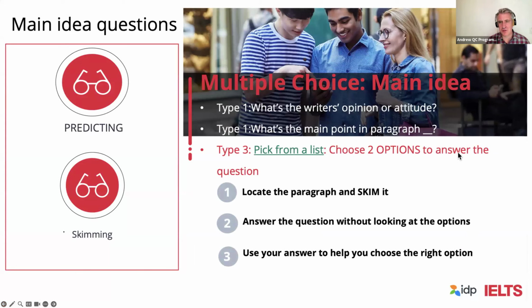So choose 2 options to answer the question. Now, the procedure here is to locate the paragraph and skim it. Answer the question without looking at the options, and use your answer to help you choose the right option.